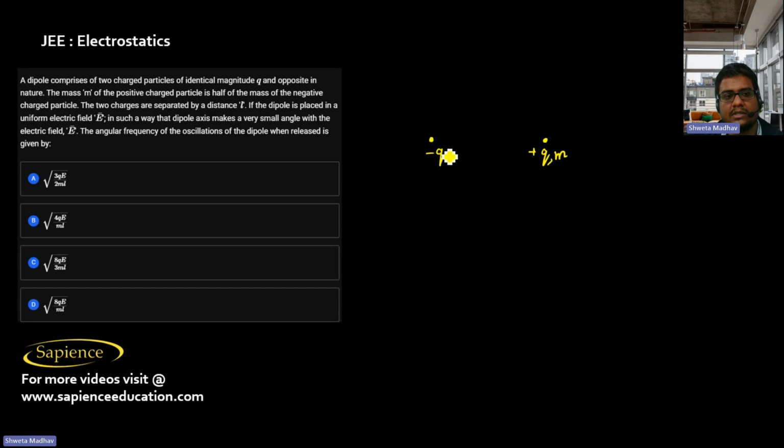So the negative charge particle has a mass twice that of the positive charge particle. Mass of the plus q charge is m and mass of the minus q charge is 2m.